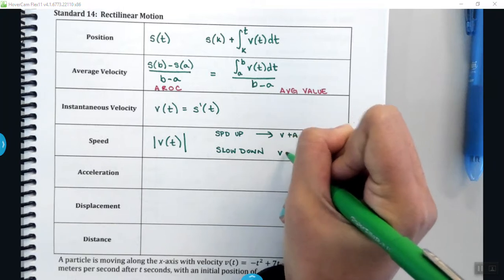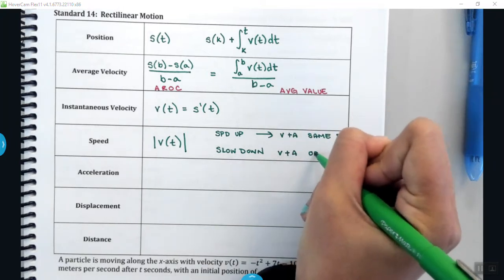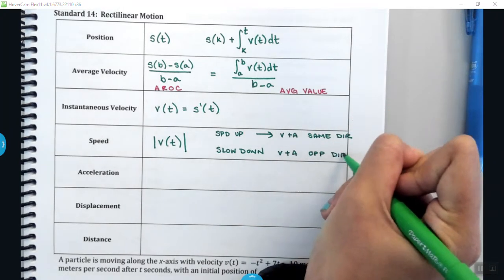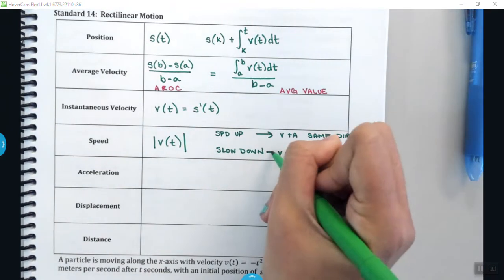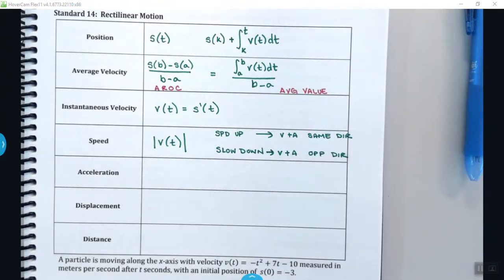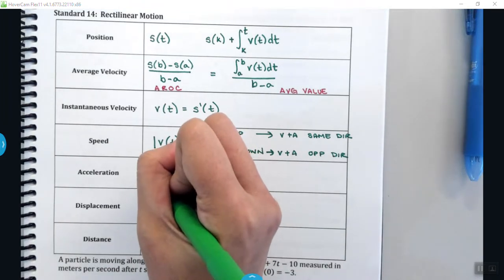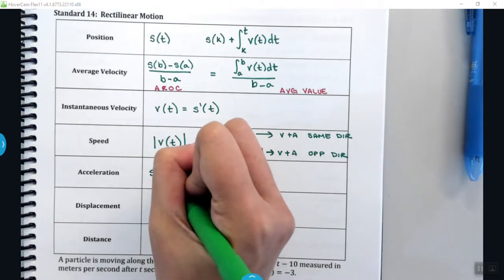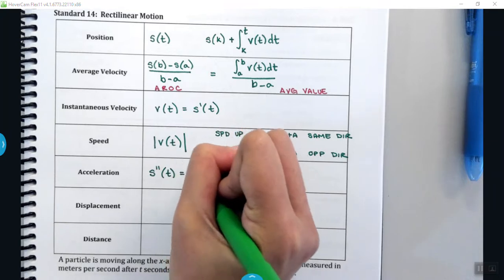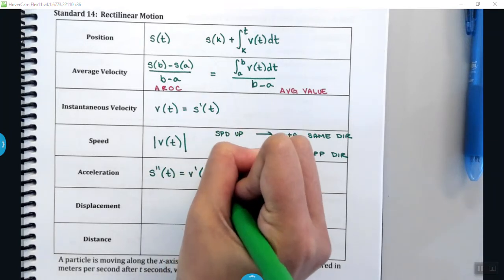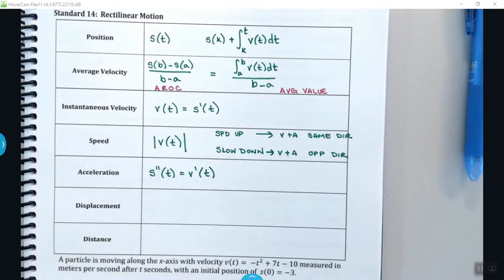This is velocity and acceleration, opposite direction, right? Okay, don't forget those two things. Acceleration is the second derivative of position or the first derivative of velocity still. No problems there.